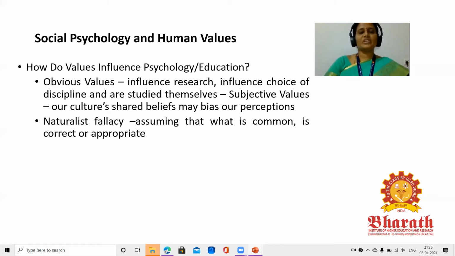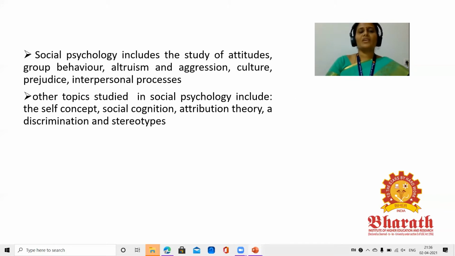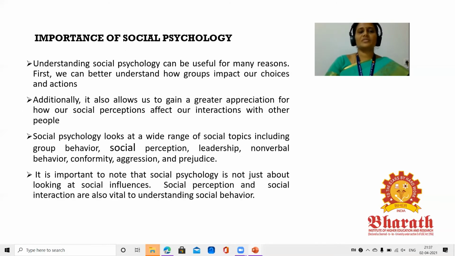Ethical perspectives are there, so you follow certain ethical rules, and that influences your behavior. So we understood that social psychology studies human behavior, feelings, and thought processes. This includes the study of attitudes, aggression, culture, prejudice, and interpersonal forces. Also, social psychology studies the self-concept, social cognition, attribution theory, discrimination, and stereotypes.